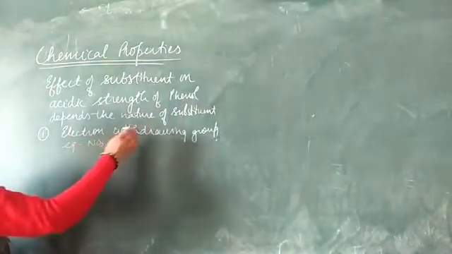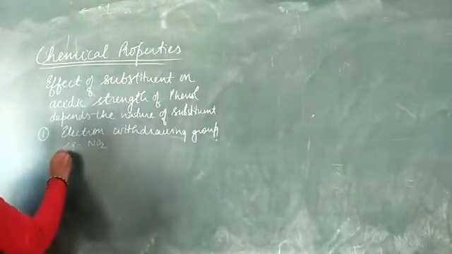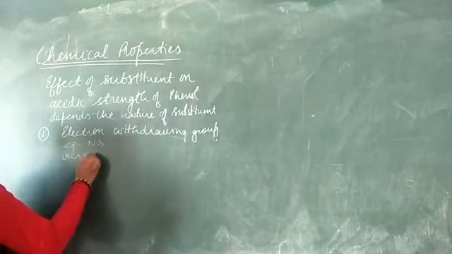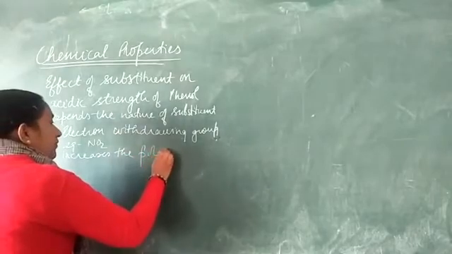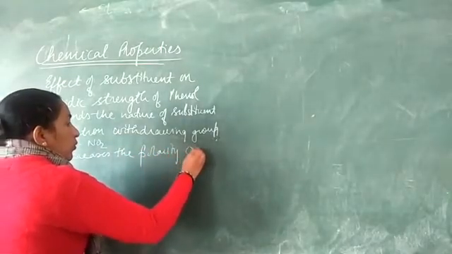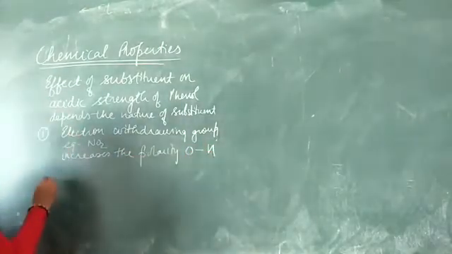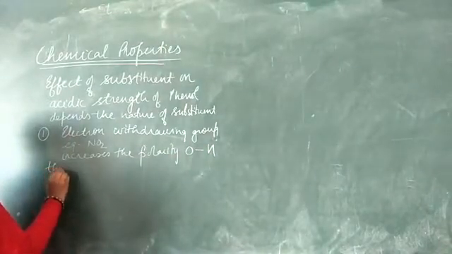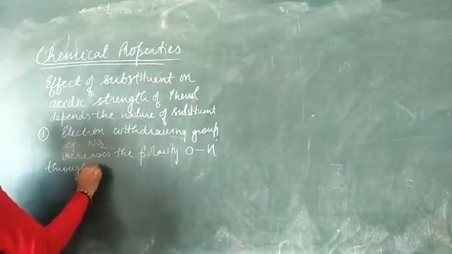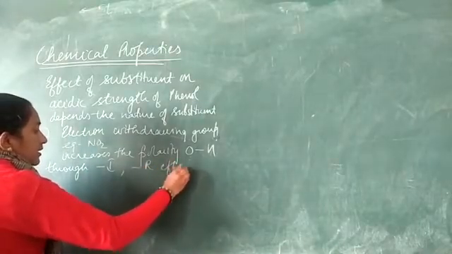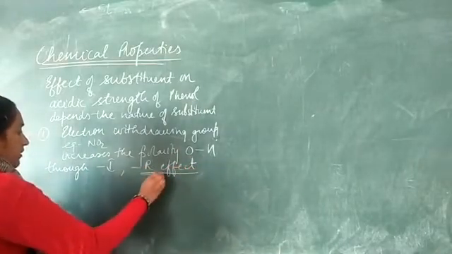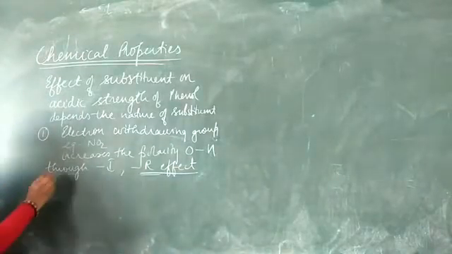So an electron withdrawing group increases the polarity of the O-H bond through minus I and minus R effect. Right, so now let's compare it.